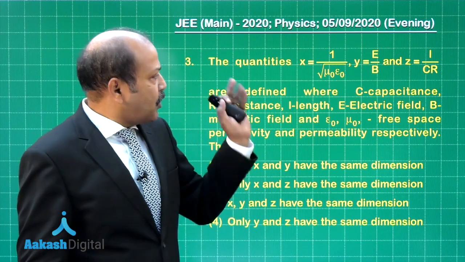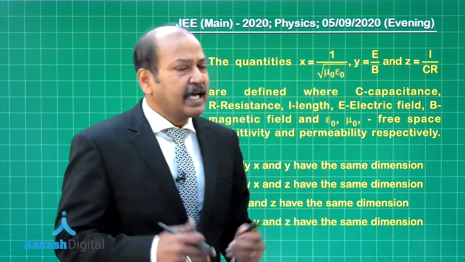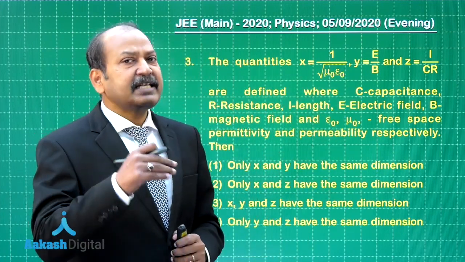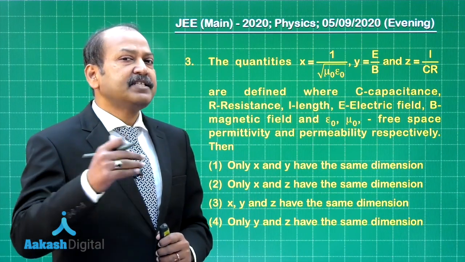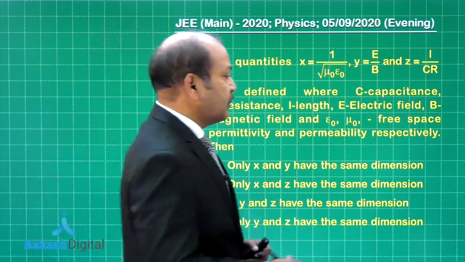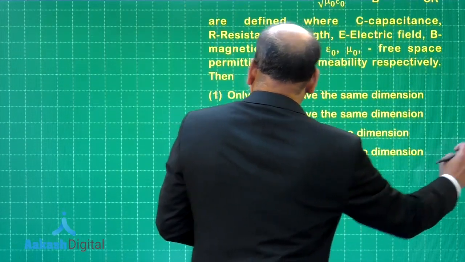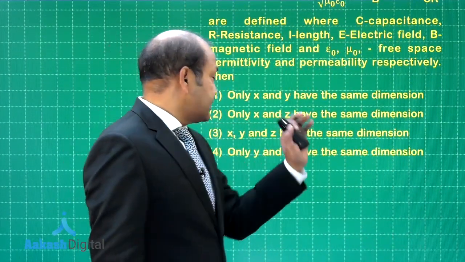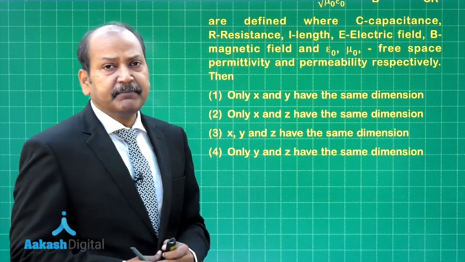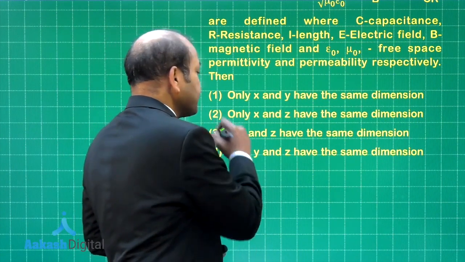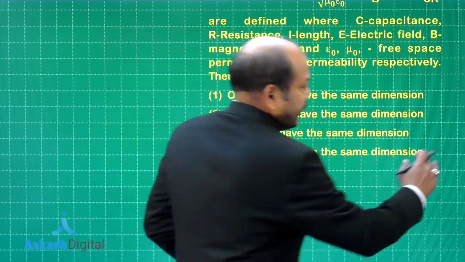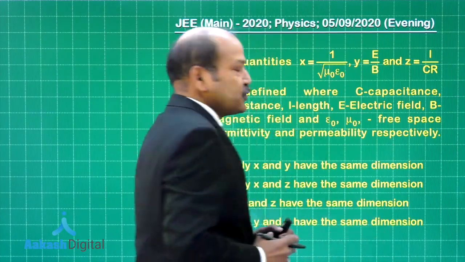So, that means all three quantities x, y and z have the same dimensions, and that dimensional formula will be LT minus 1. So, if we now look at the options, option 3 says x, y and z have the same dimension. So, option 3 is correct for this particular question. Let us now go to question number 4.